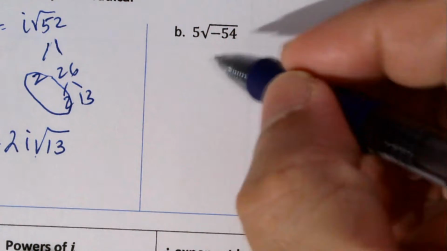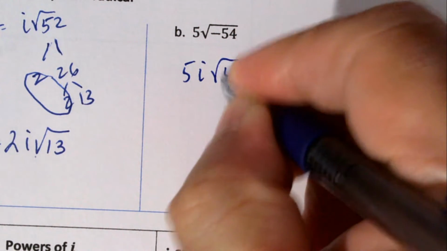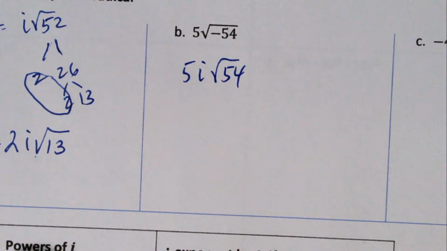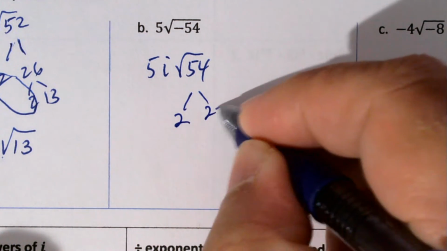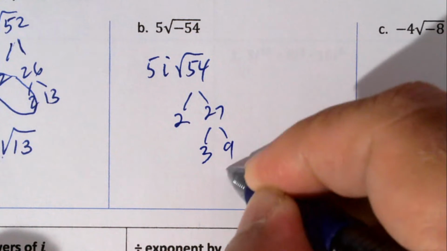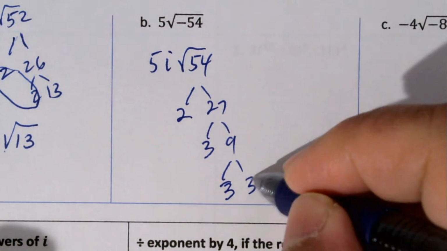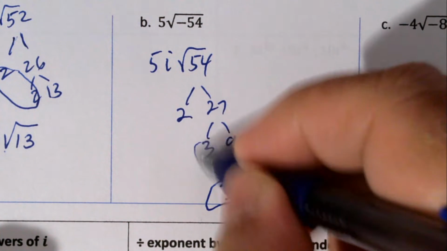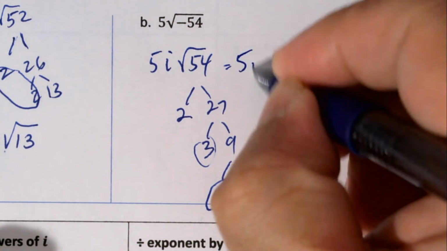We're going to take the negative sign out, making it 5i root 54, and then deal with the 54. 54 is 2 times 27, and 3 times 9, and 3 times 3. So there's a pair of 3's with 2 and 3 left over. So this is going to be 5i times 3.